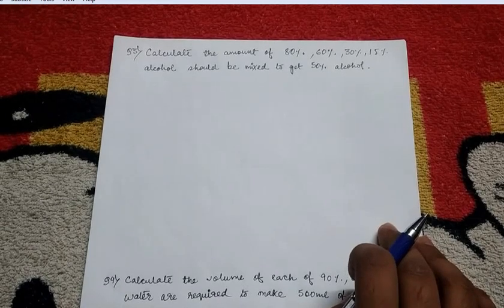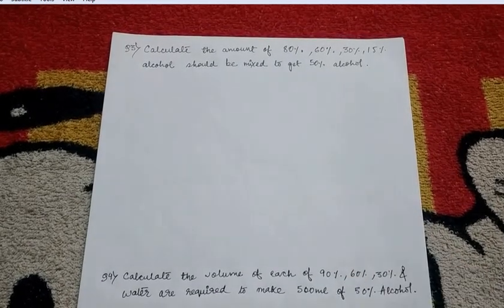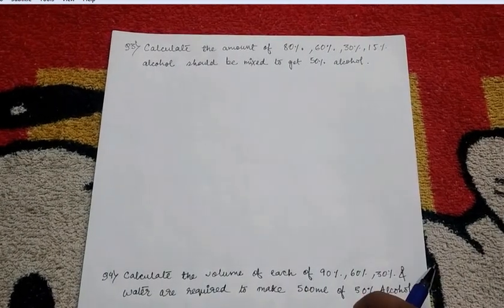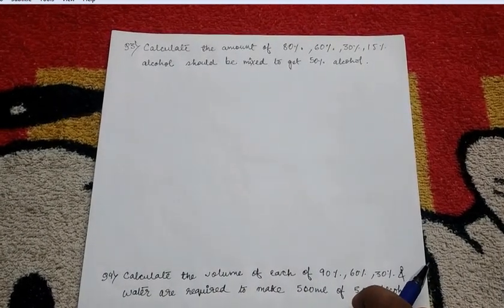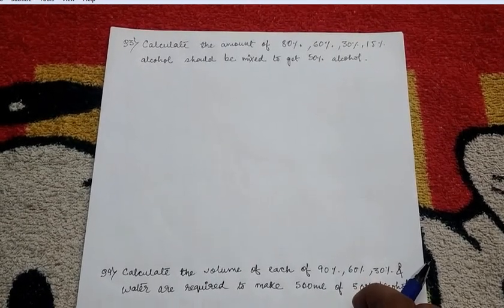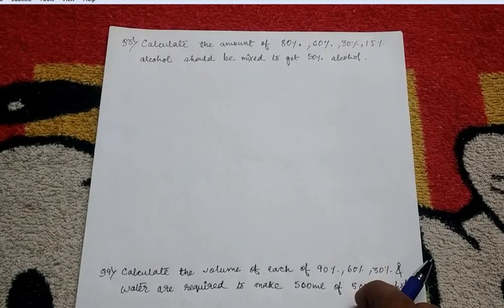Now no final volume is given, only the percentage is given, and we only require to calculate the parts or the amount, you can say. So for this, pause the video and write it out yourself.